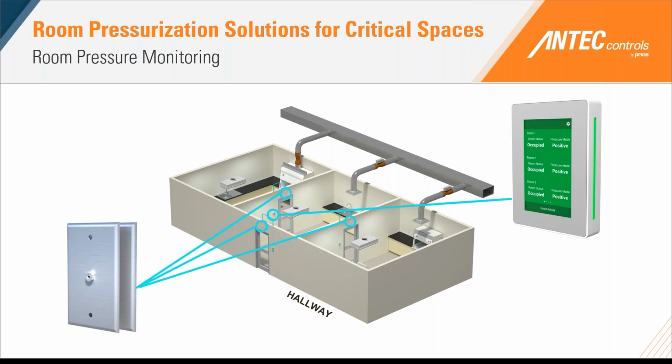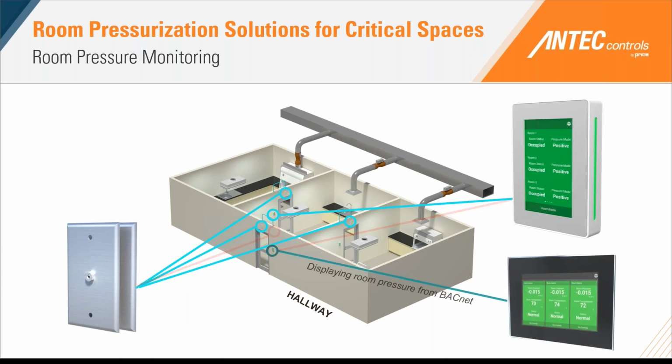Now, if you do want to implement a strategy like this, you still most likely want to have a display outside the pharmacy to give us some sort of indication before we come into the space if it's safe to operate and be in. So in this sense, you may also want to have a pressure monitoring display outside the space. Now, this isn't necessarily a requirement.